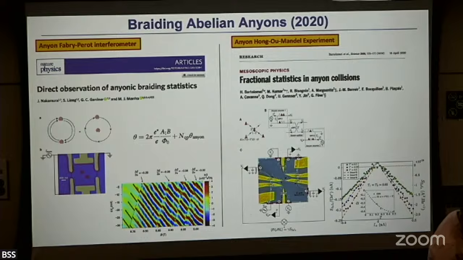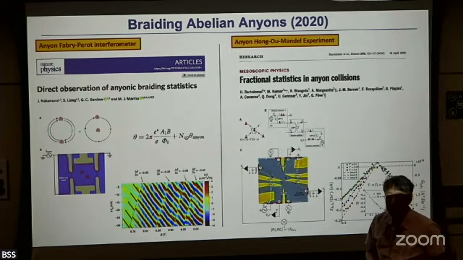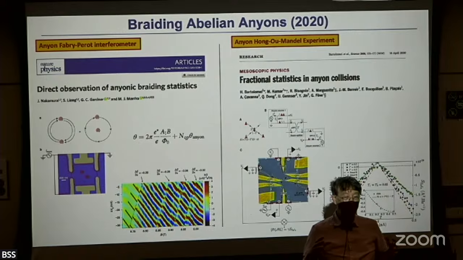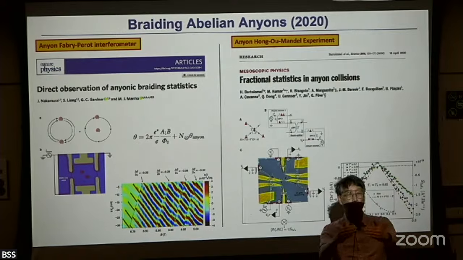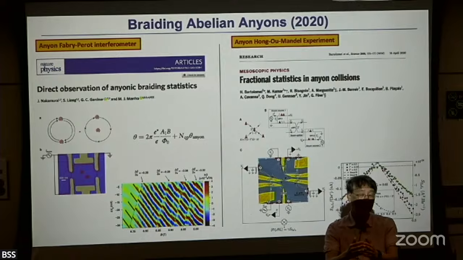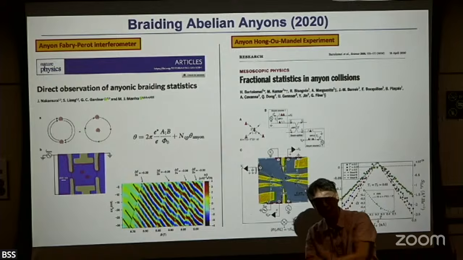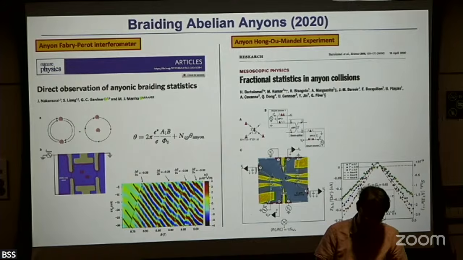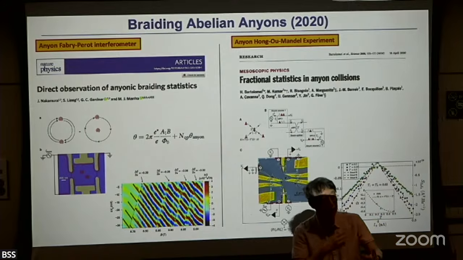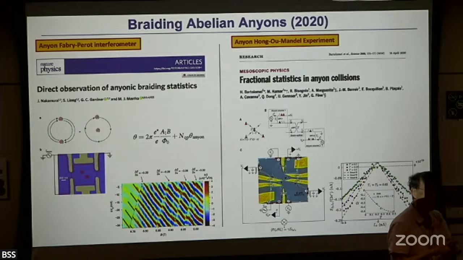In some sense, it's close to the Hong-Ou-Mandel experiment in quantum optics. In the Hong-Ou-Mandel experiment, you basically use two sources, and whether they bunch in one direction or another direction or separate out, there is an interesting correlation of the scattered photons on the beam splitter.